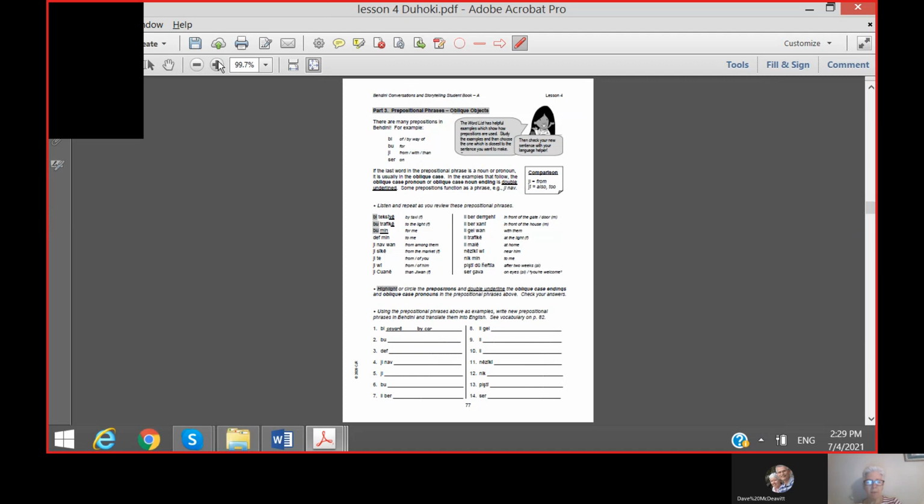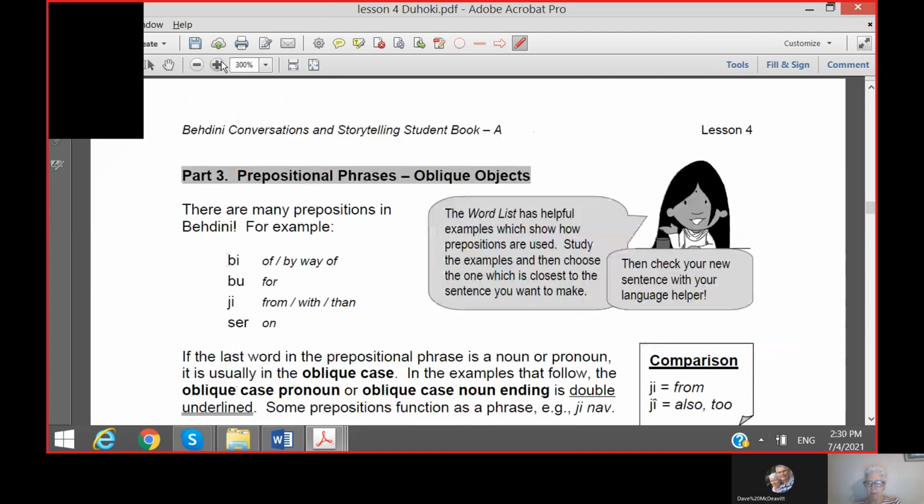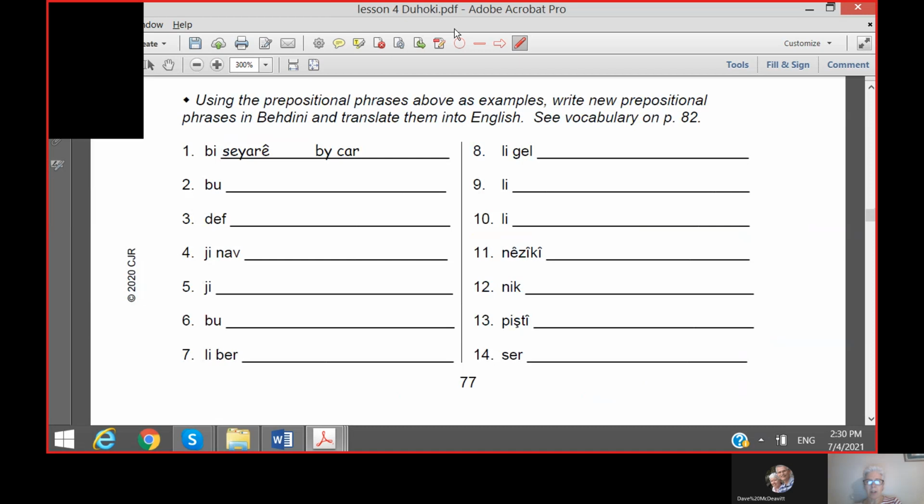I'll correct that. All right, sorry. This should say page 70. Check these with your language helper, and then you can practice saying them.